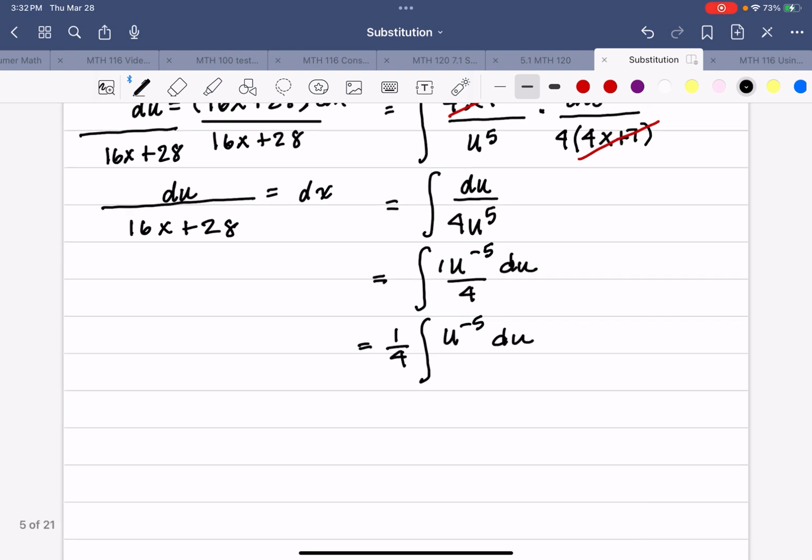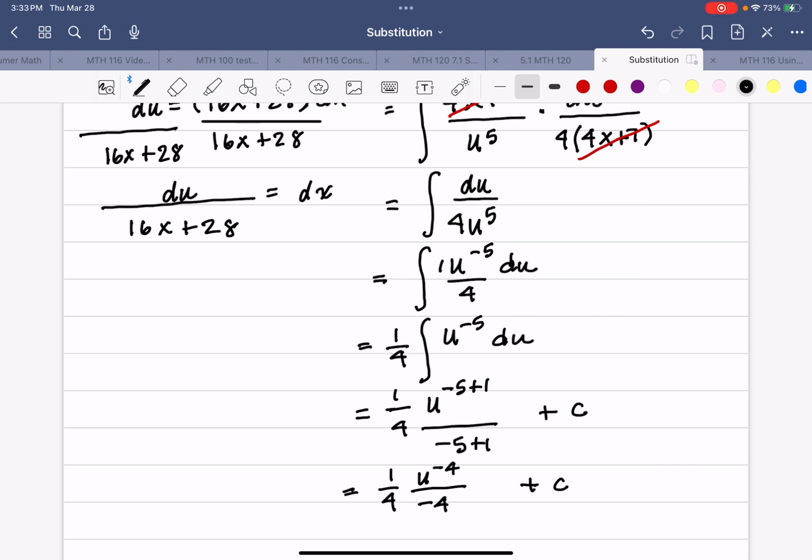So I'm going to use the exponent rule. I have 1/4 u to the negative 5 plus 1 divided by negative 5 plus 1 plus c. So that's 1/4 u to the negative 4 over negative 4 plus c.